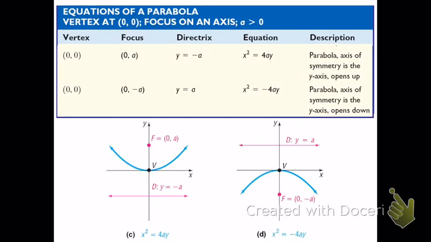We can also have equations of parabolas of the form x squared equals 4a times y, or x squared is equal to negative 4a times y. That's going to be parabolas that open upward or open downward, as you can see below the table here.